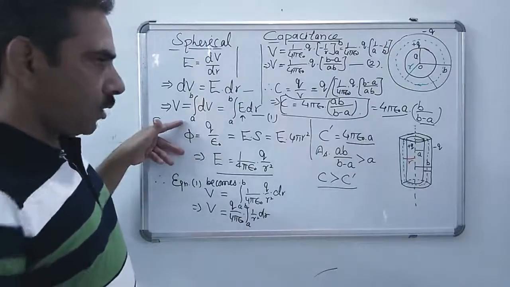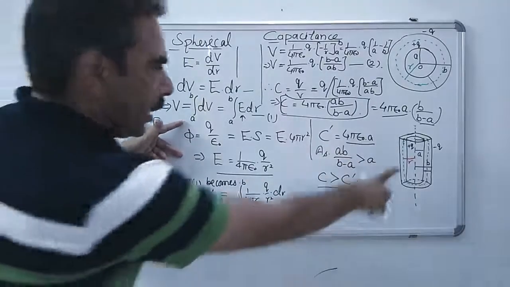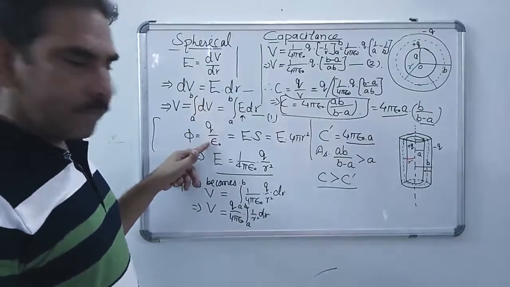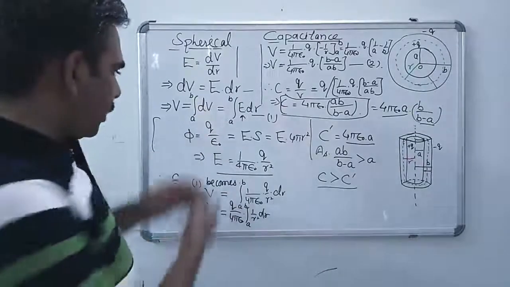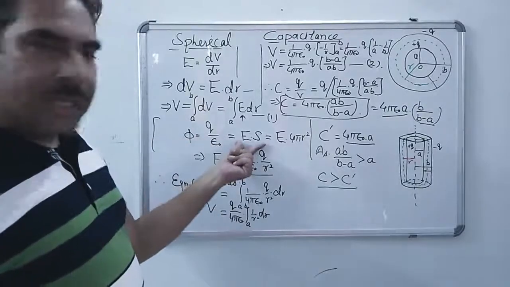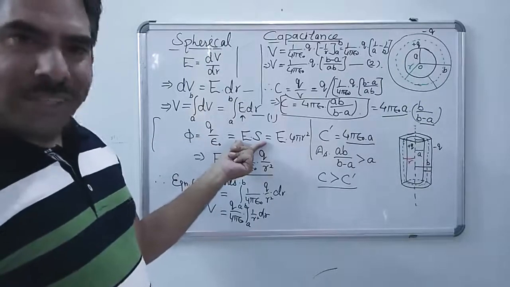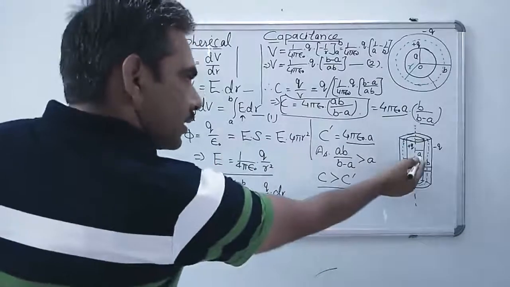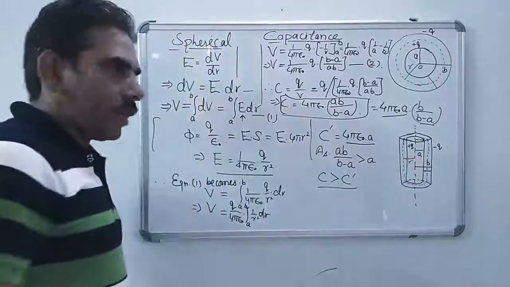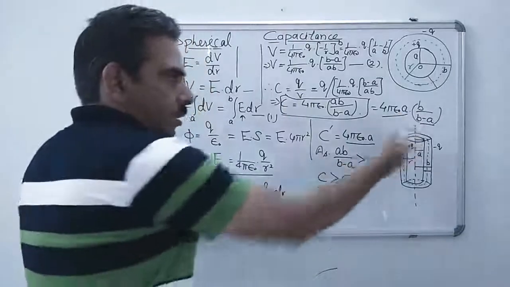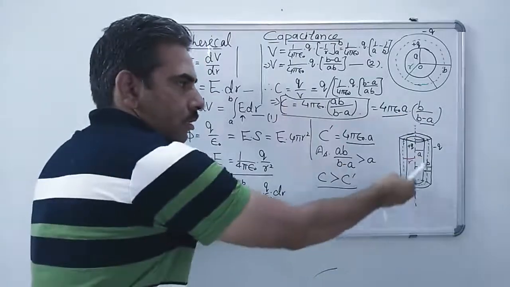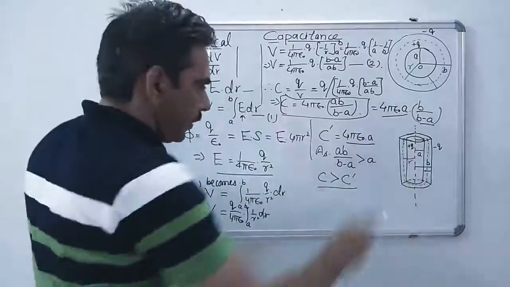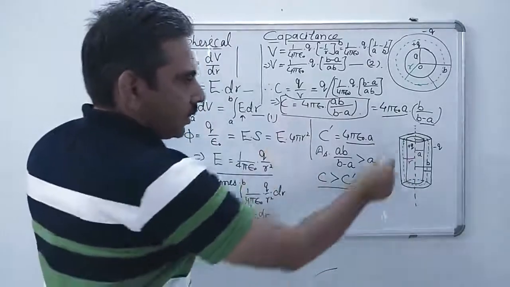The total flux through this Gaussian surface having radius r is given by the enclosed charge upon epsilon naught, and by definition the same flux is given by E into S into cos theta, where theta is again 0 degrees, because the electric field is directed radially outward from this charged cylindrical surface, and S is the surface area of this Gaussian surface.